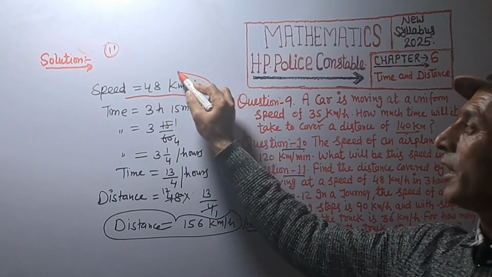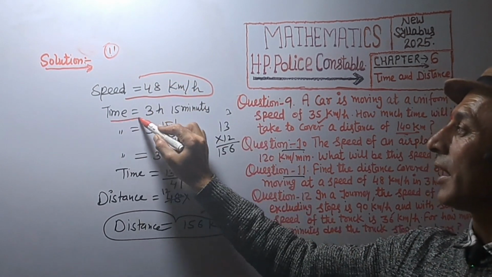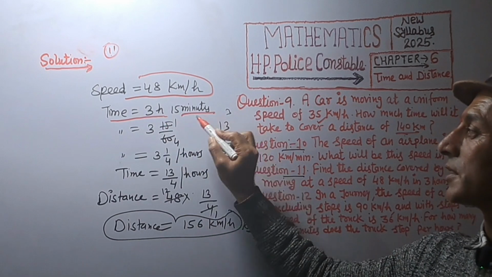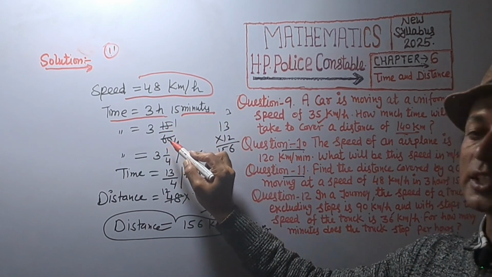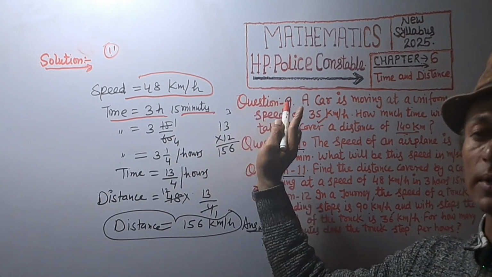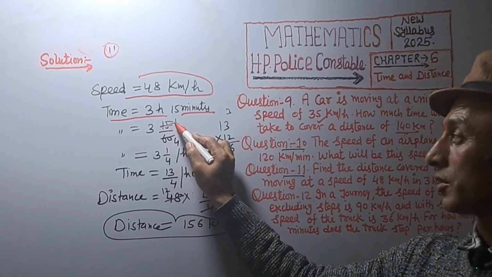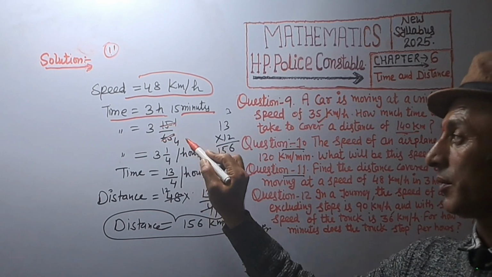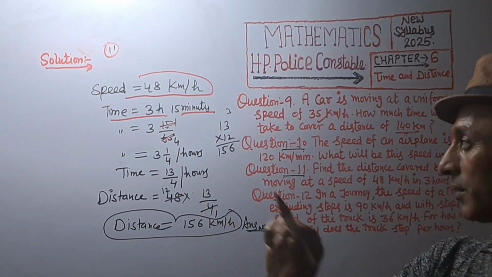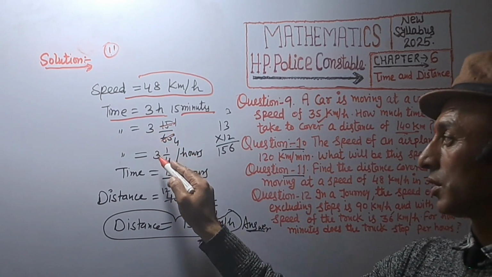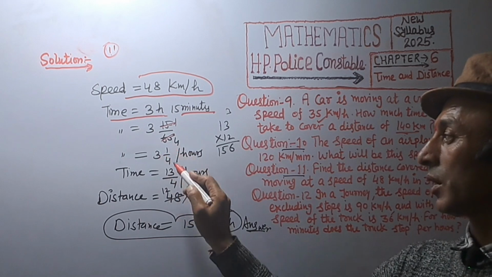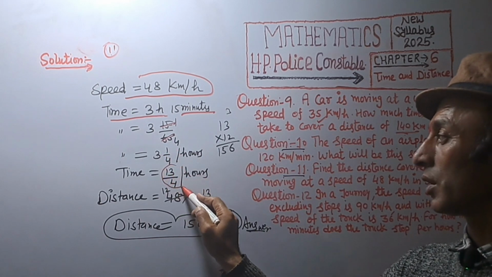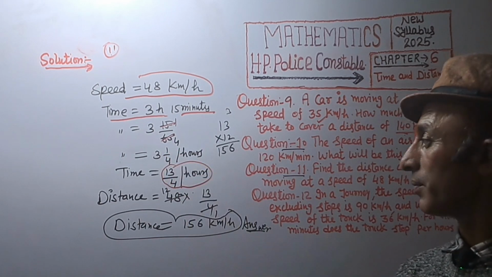Given speed is 48 km per hour and time is 3 hours 15 minutes. That is 3 and 15 upon 60. Change in hours. 15 upon 60, 15 ones are 15 and 15 fours are 60. So 3 whole 1 upon 4 hours, that is 4 3s are 12 plus 1, 13 upon 4 hours.